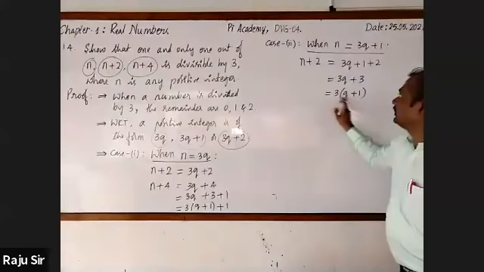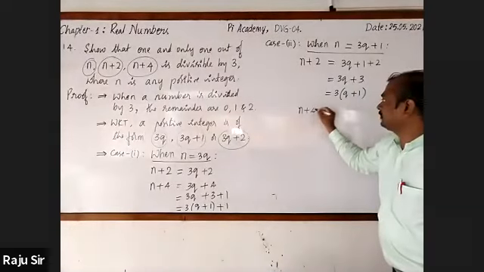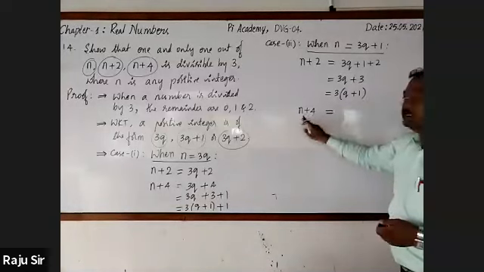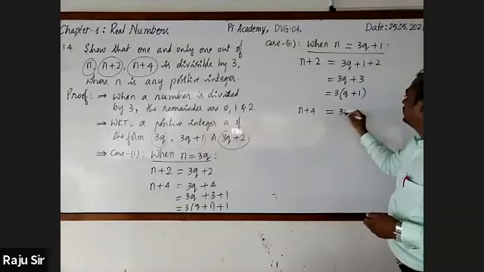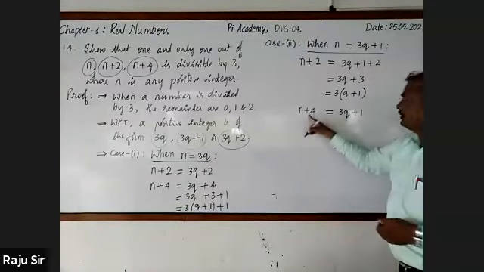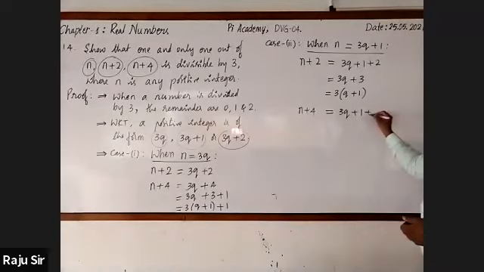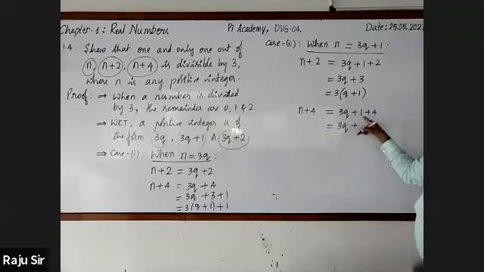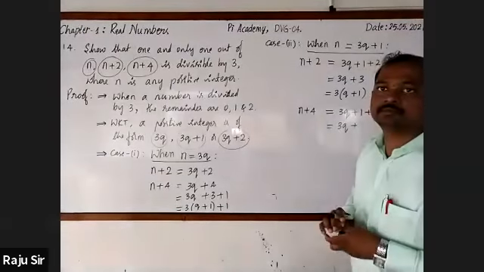Next, let me take n plus 4, where n is 3q plus 1. Here plus 4 is there. Then 3q plus 1 plus 4 is 3q plus 5. How do you write 5? 3 plus 2.